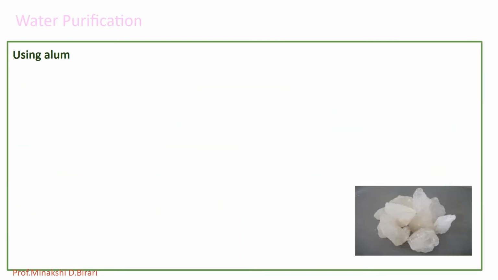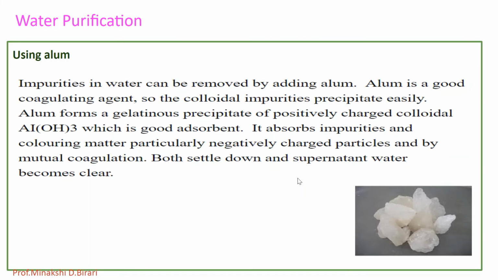The water purification is also carried out by using alum. So impurities in water can be removed by adding alum. It is a common treatment. By using the alum we can purify the impure water. Alum is a good coagulating agent, so the colloidal impurities precipitate easily.